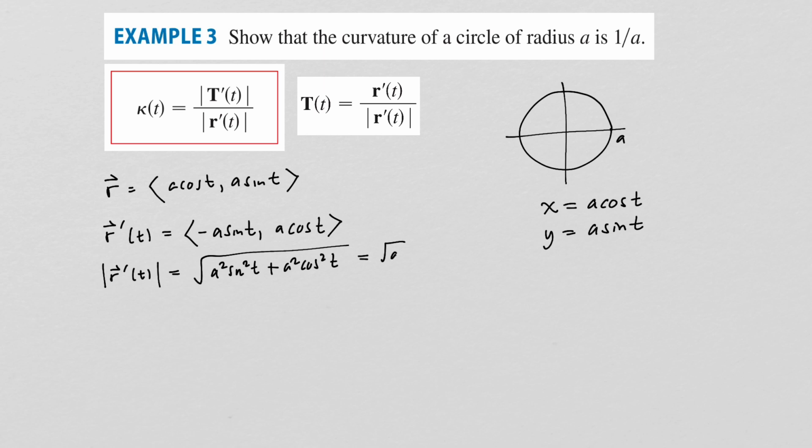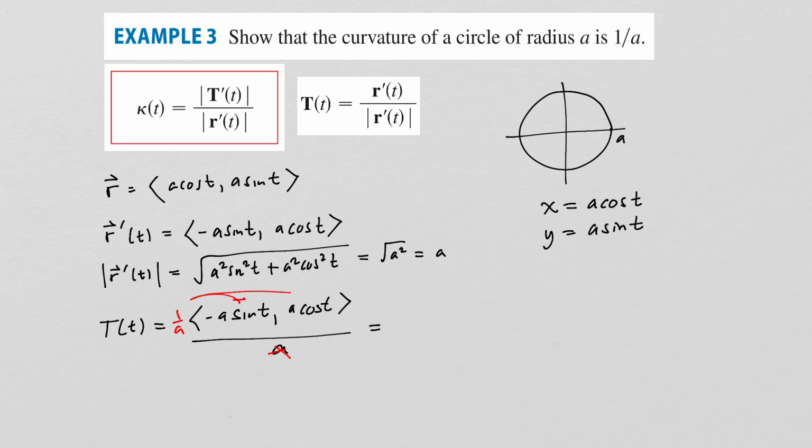And this is equal to the square root of a squared, which is equal to a. And so our unit tangent vector is going to be the vector r prime divided by a. And dividing by a is the same as multiplying by the scalar 1 over a.